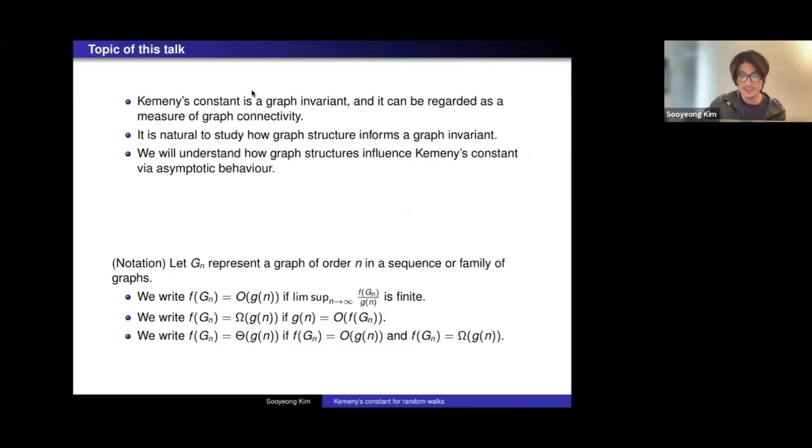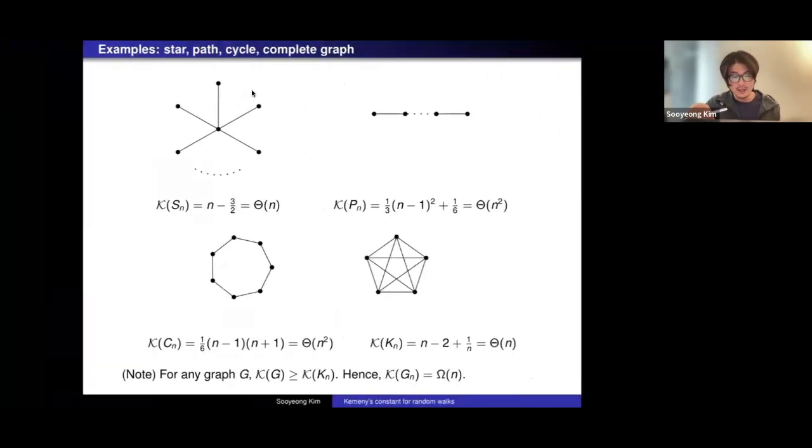So let me give you an example again. We have a star and we found Kemeny's constant like this, and obviously this is big theta of n, because we find an explicit expression for this. And here, it's proved that the Kemeny's constant for the complete graph is the minimum.